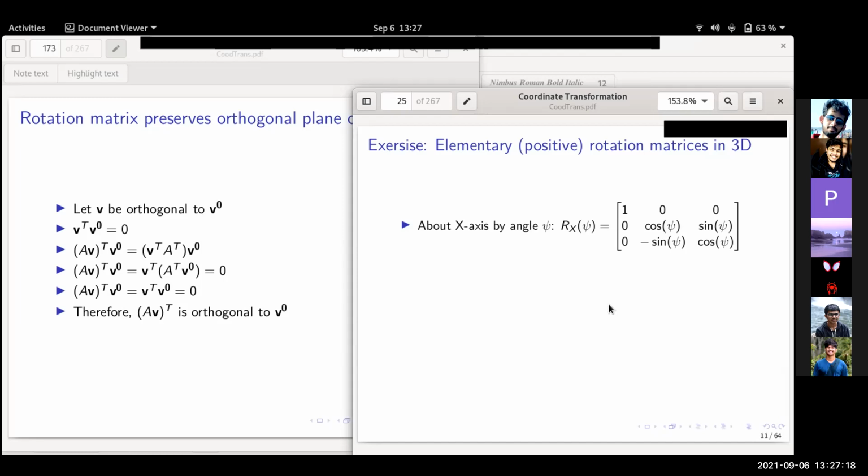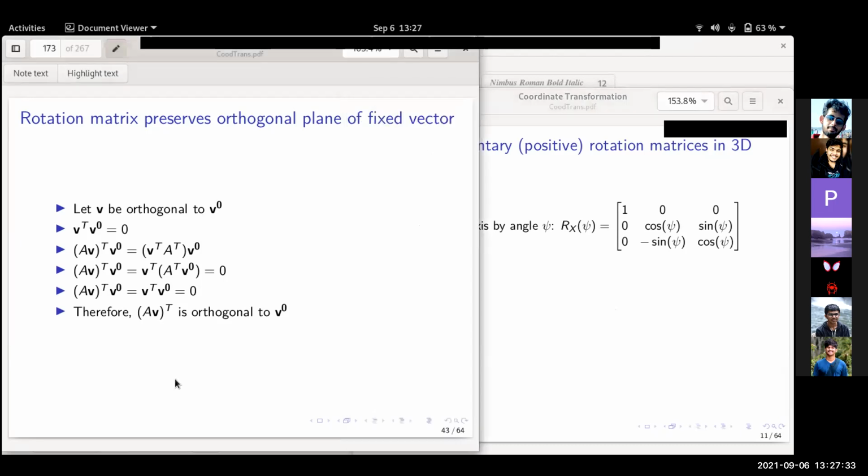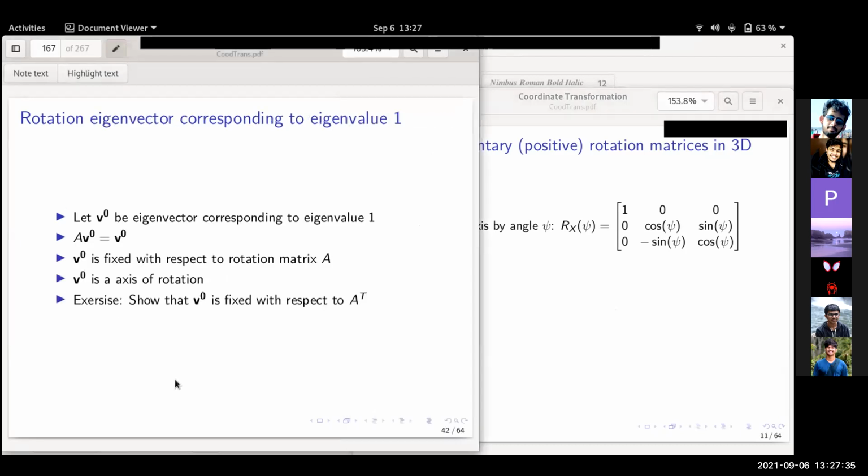Do you accept that? Yes, sir. So that means along the x-axis, nothing is changing. So you can consider x as the axis of rotation. That was the first conclusion we obtained earlier. I'm just reiterating that. If you consider an eigenvector corresponding to eigenvalue 1, then you get A times V0 is equal to V0.